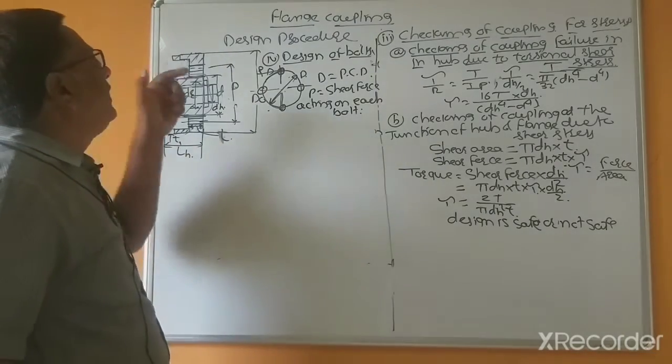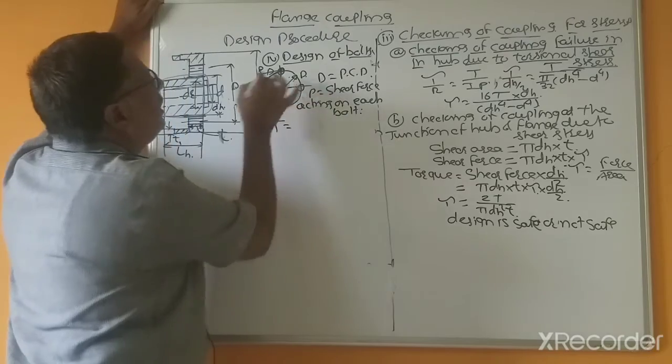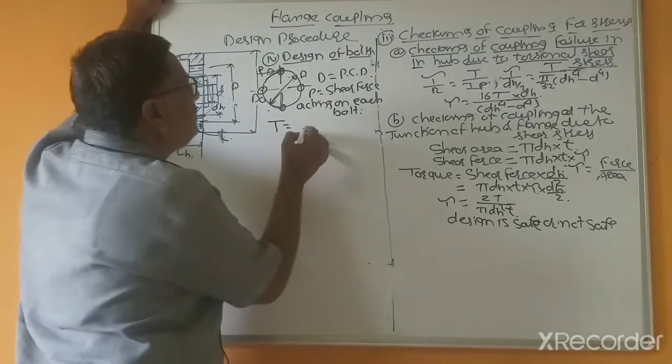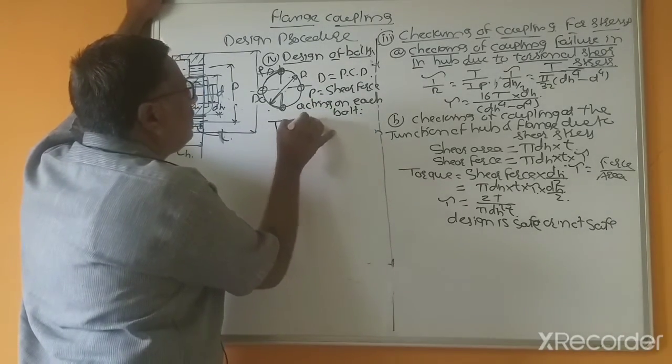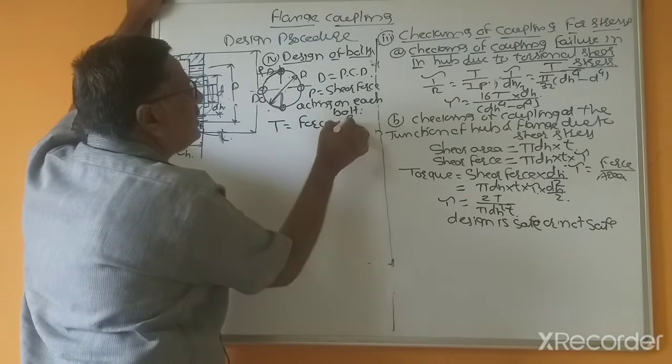So the equation now becomes torque equal to, where P is the force acting on each bolt. What is the equation? Force multiplied by radius.